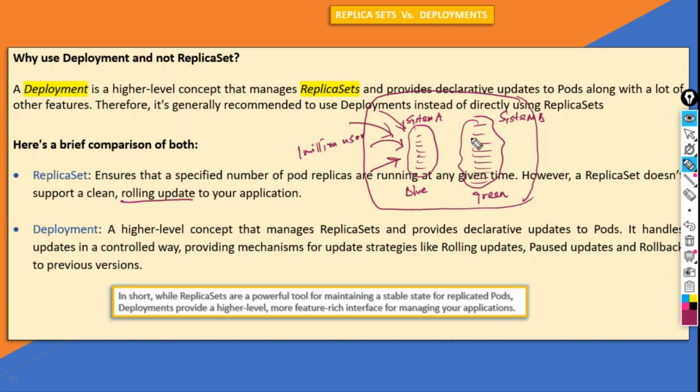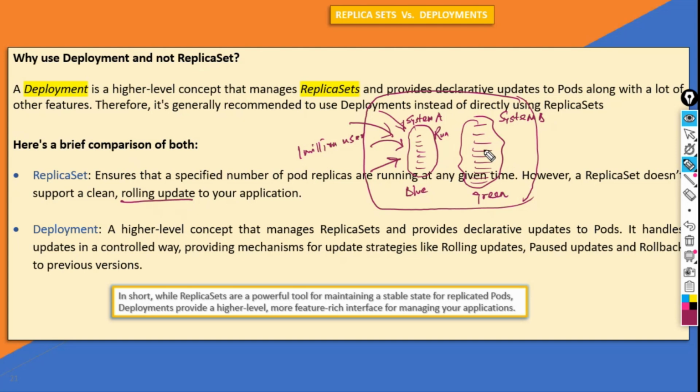You deploy your new features. Let this keep on running for the users. And here, in this cluster, in the same production box, you have deployed the new feature or the new application, new pods.